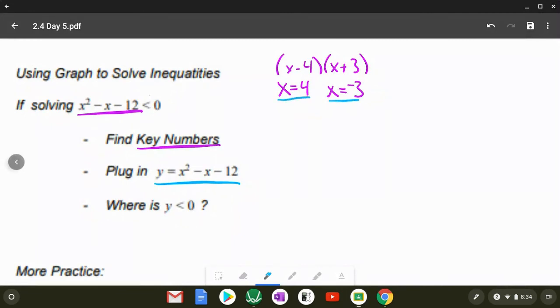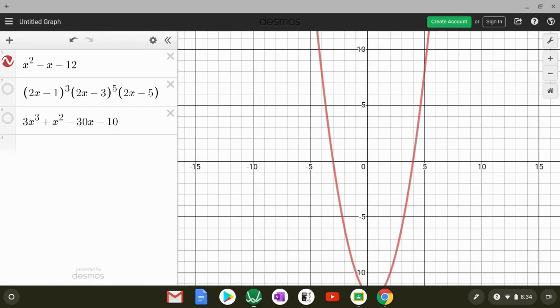Well, those key numbers, because 0 is by itself, are the numbers that make the left side equal to 0. So if we look at our graph, those two numbers are our x-intercepts because they cause the output to be 0. So if you have the graph of the left side of your inequality, and if you can see in the top left, I have that inequality, this is the graph of that left side.